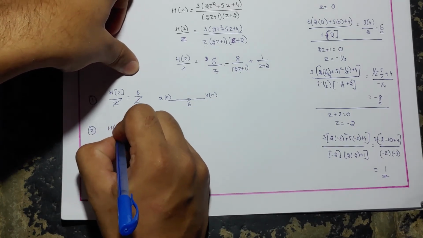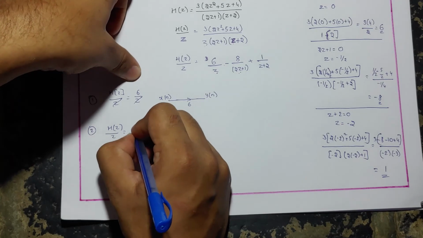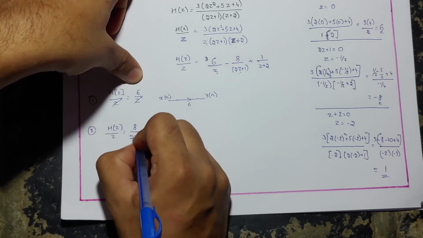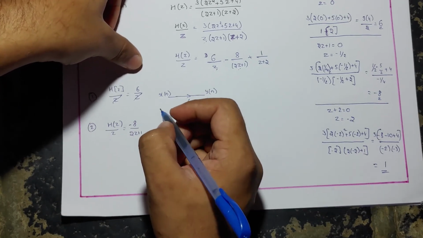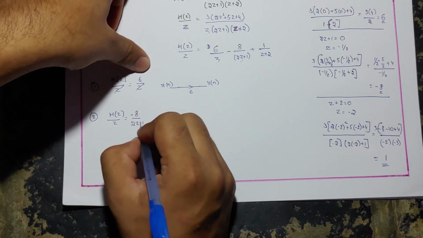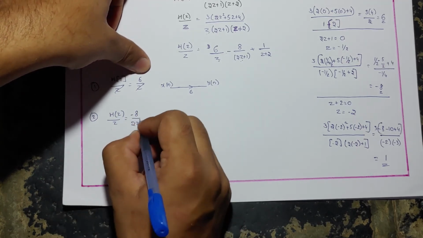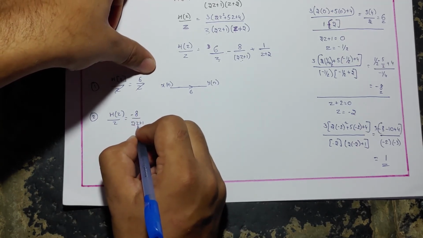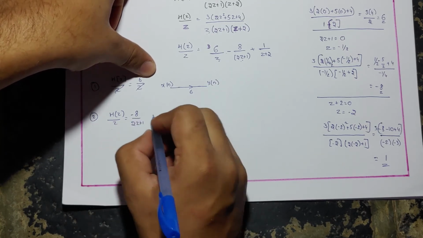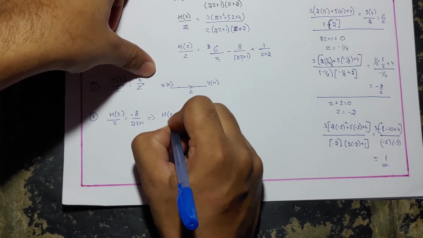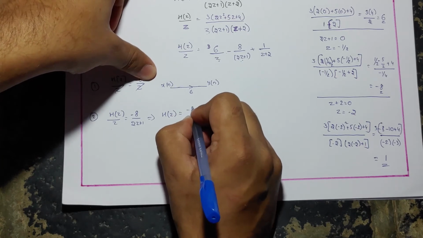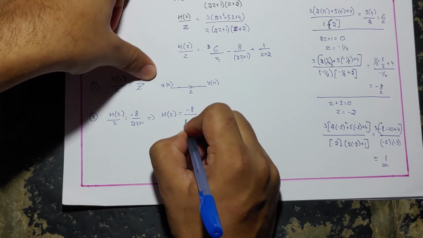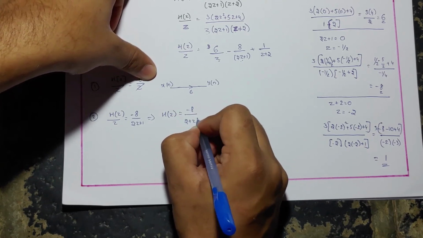Now for the second case, H(z)/z is equal to -8/(2z+1), which has a minus sign here. As this was in the H(z)/z term, we have to take z common and remove that z. That implies H(z) is equal to -8/(2+z^-1).